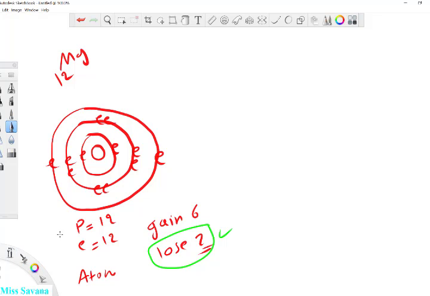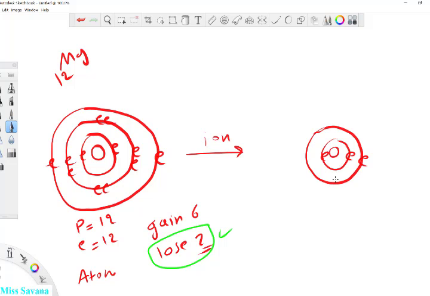Okay, so this is why I will only lose 2 electrons. So if it's turned to ion, it will be looking like this. So this is how it's gonna be.